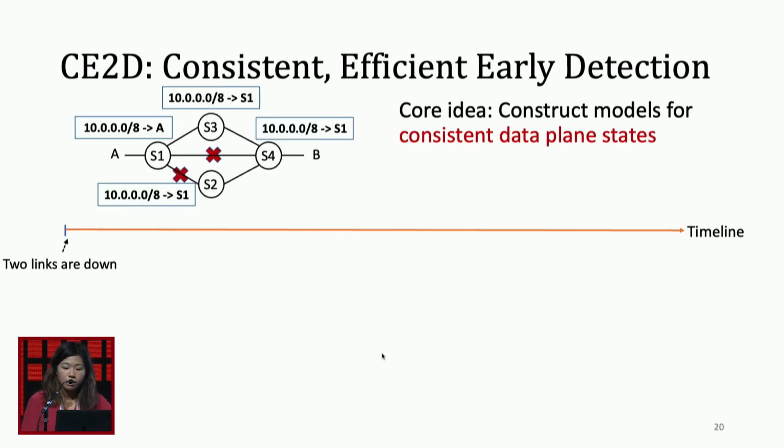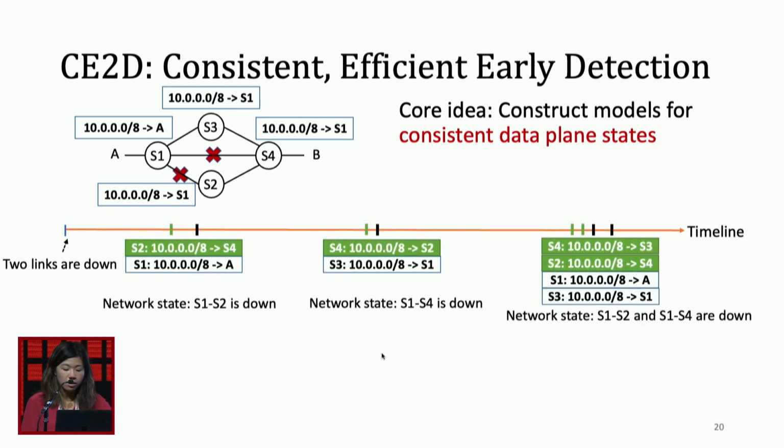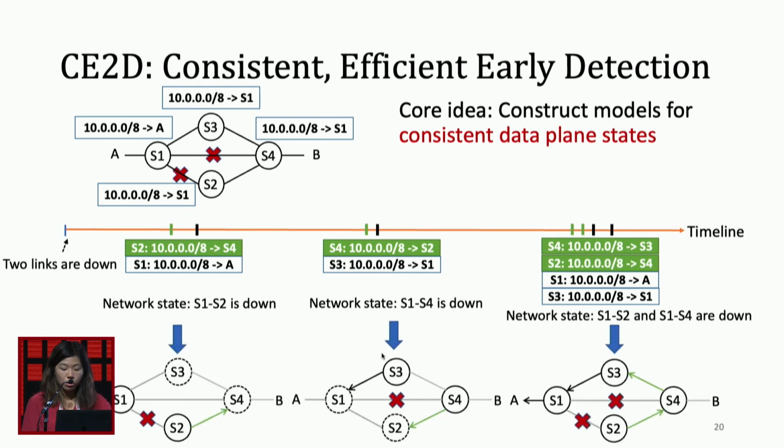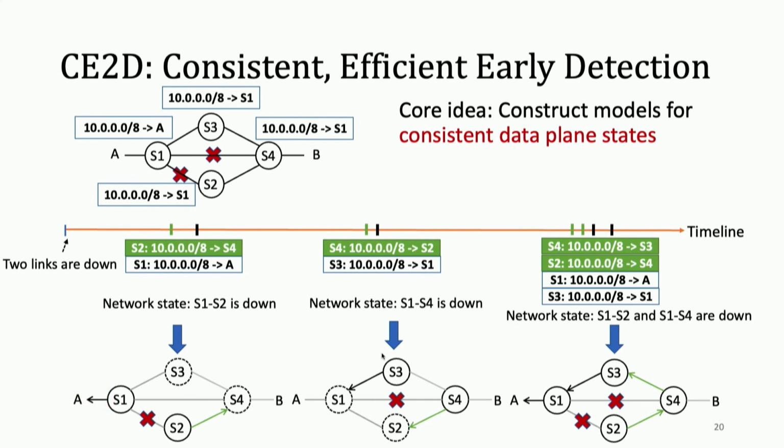So the core idea is to construct models for consistent data plane states. In this example, we look at two events, S1, S2 down, and S1, S3 down, and we illustrate them using a timeline. For each of these events, by the time it happens, all the updates it triggered have arrived at the verifier. That is the time we say the data plane is consistent, and we can perform a verification.